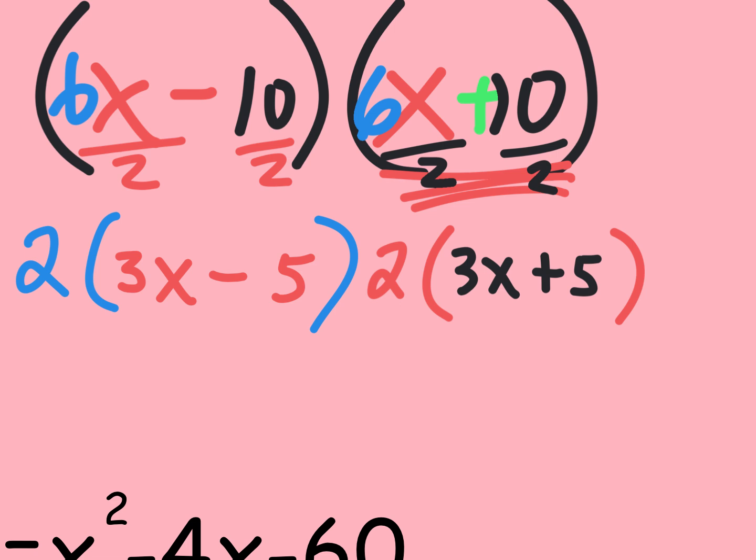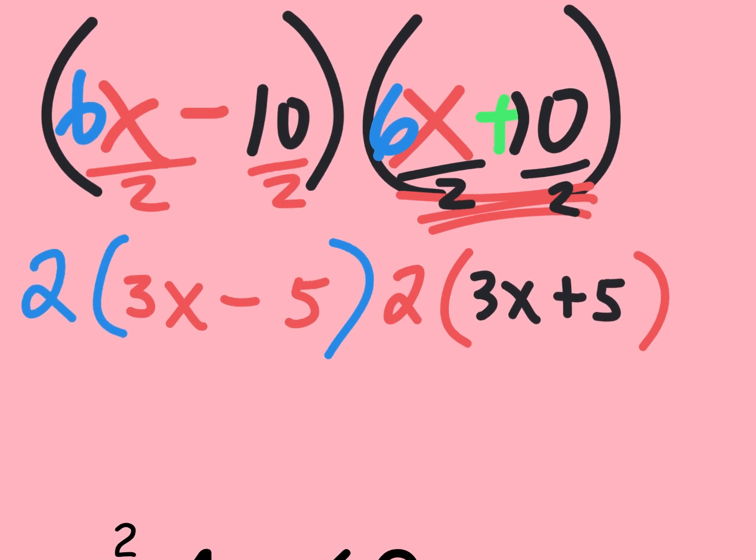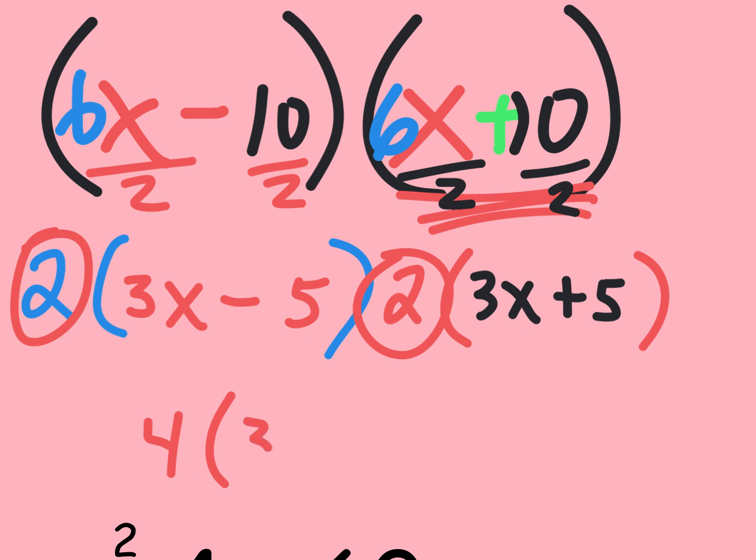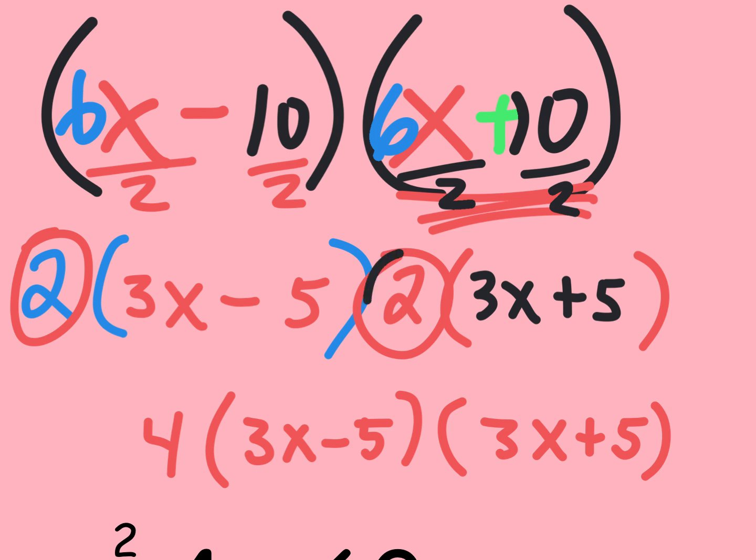Now that I would have probably taken on the test as a final answer. But do you get a kid that put the 2 and the 2 together and made it 4 in the front? It would have been even better. Because this 2 times this 2 makes 4. And that tells you that the GCF was 4.